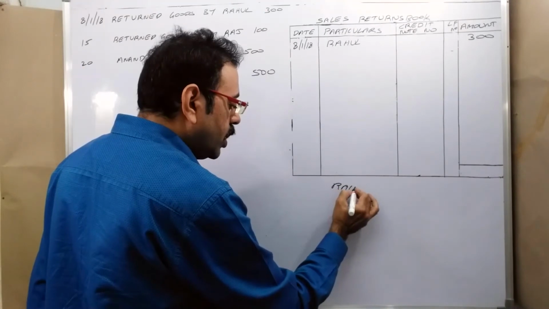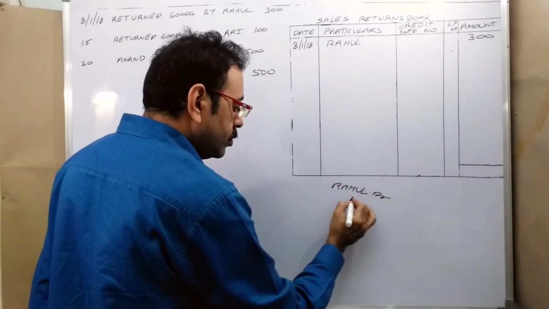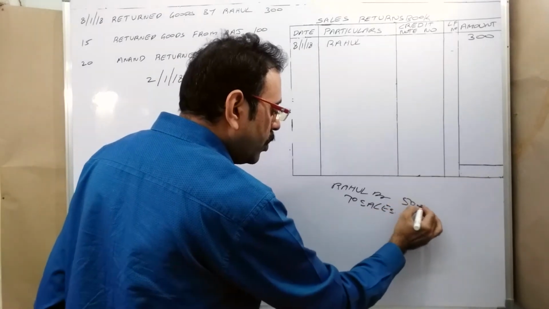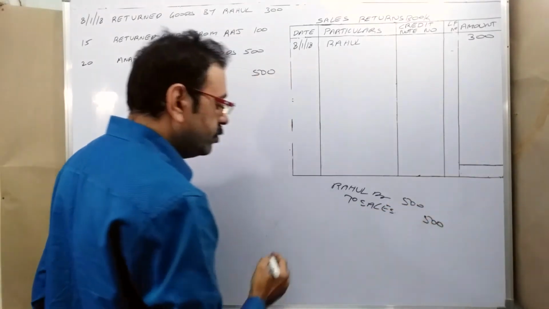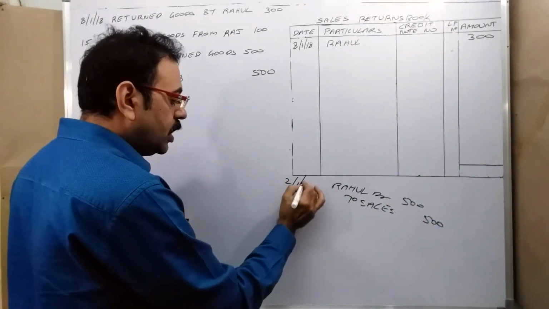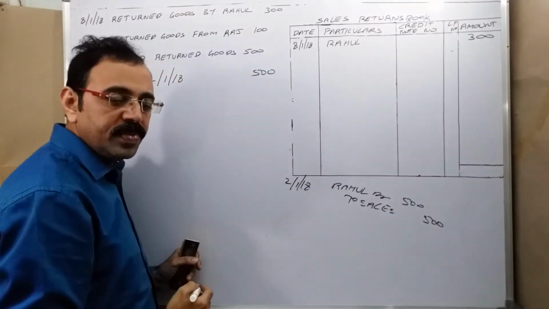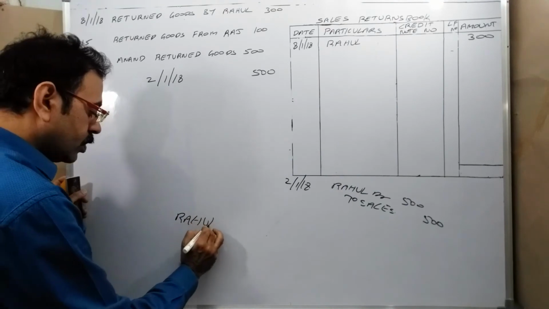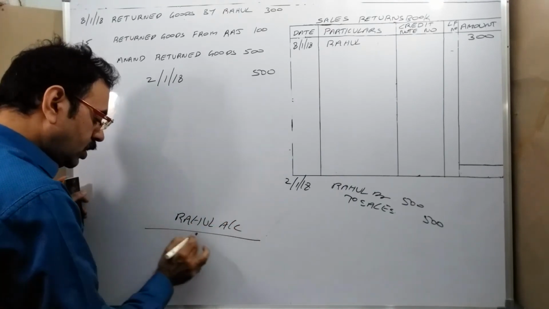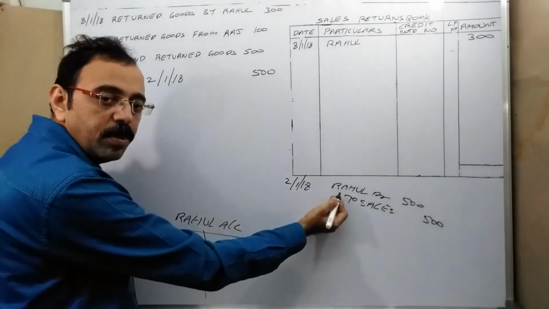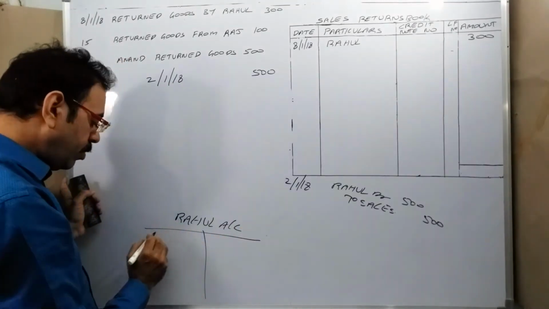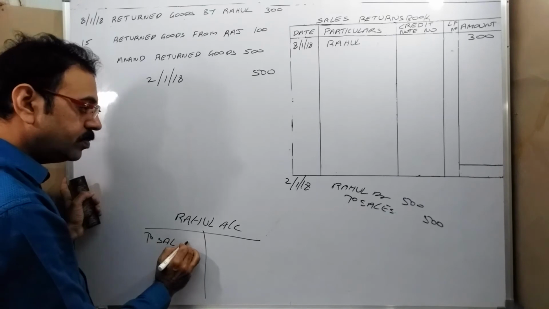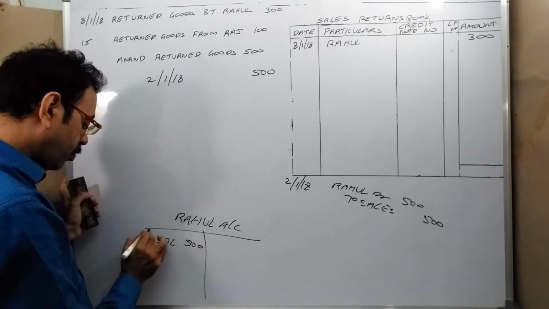Rahul account debtor to sales account 500. When? On 2nd January. Then in Rahul account, how did we post this? Rahul is in debit, therefore on the debit side, to sales account 500 rupees.